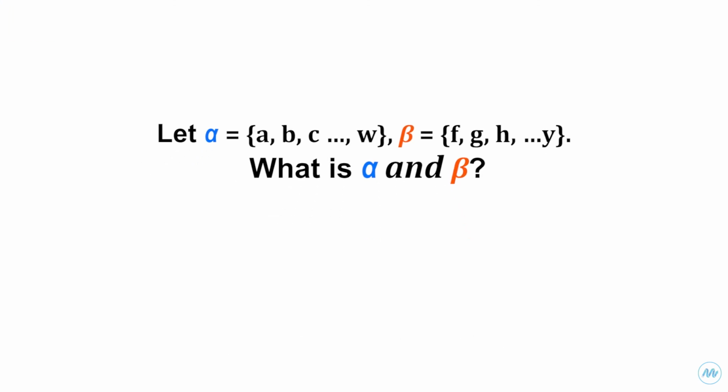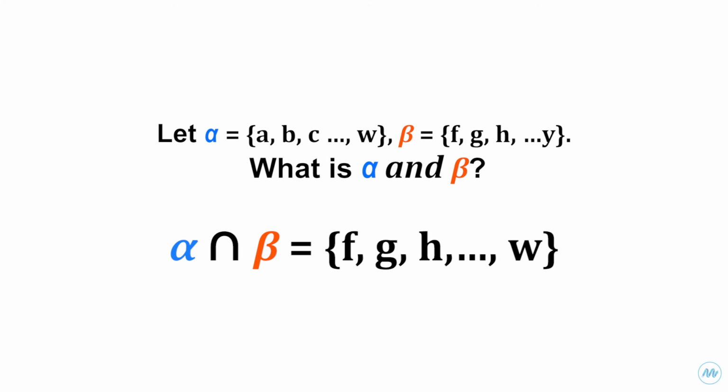Did you get alpha intersection beta equals the set whose elements are F, G, H, and so on until W?